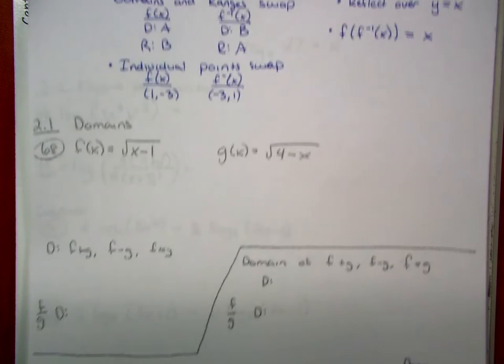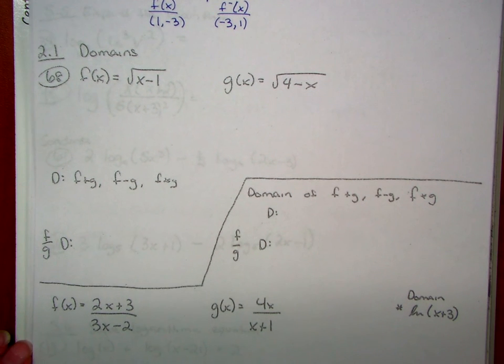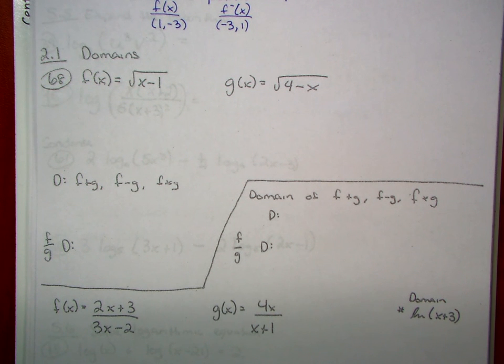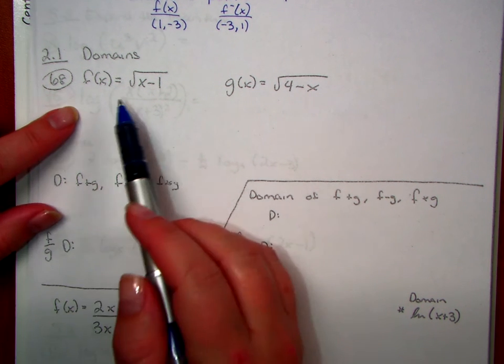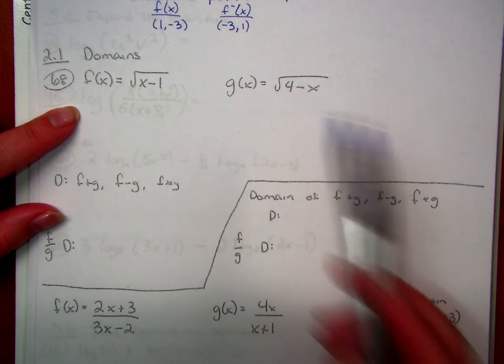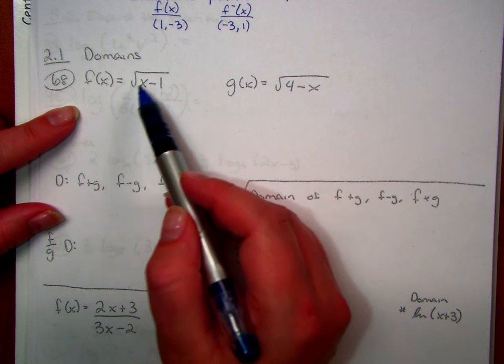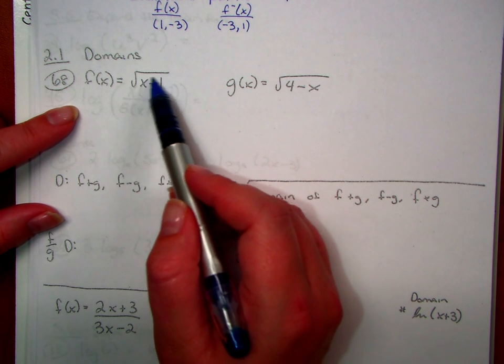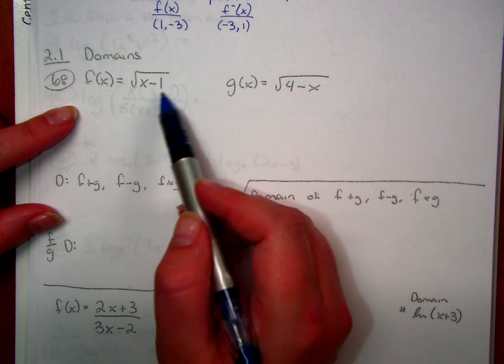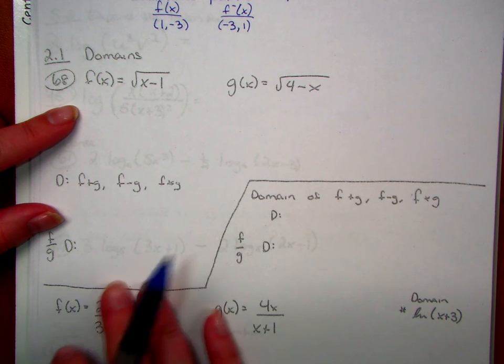All right, one of the biggest things we went over was domain. We were constantly finding the domain of a function, so I'd like to find the domains of f and of g. Here we have a square root, so we want to make sure this radicand is greater than or equal to 0.